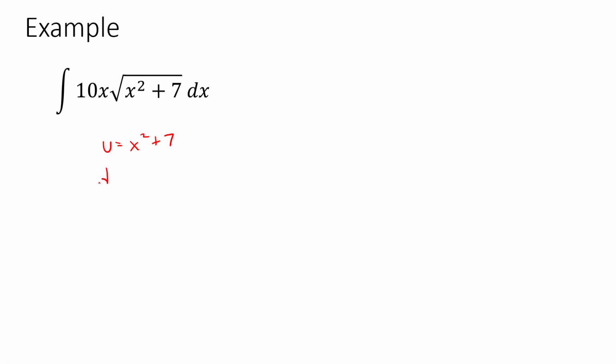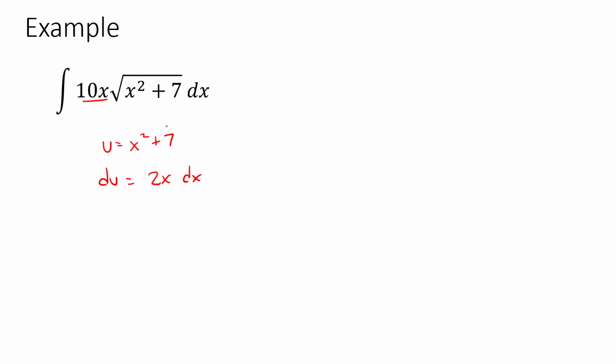Now I'm going to find my du. Last time we did du dx, but from now on, because you're just going to move it over to the right, you can just start by putting it over there. The derivative of this is going to be 2x. So you don't have to do the du dx and then move the dx over every single time.